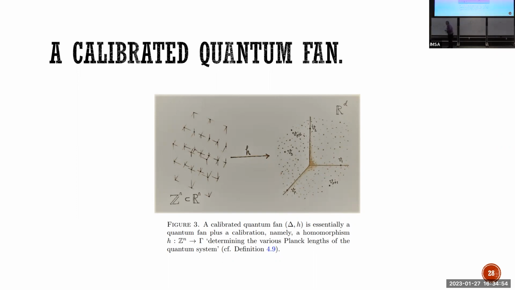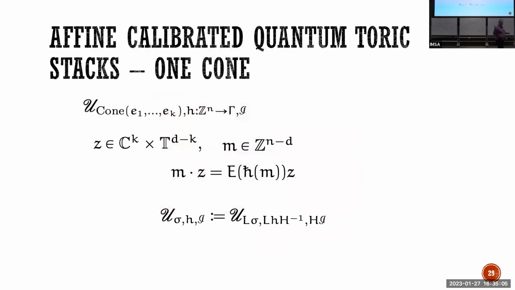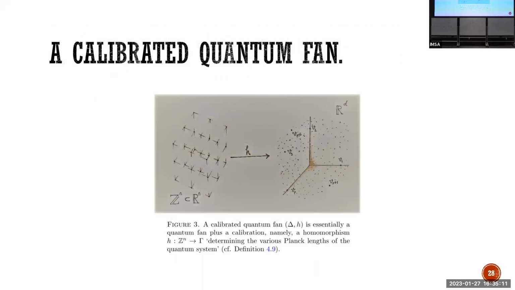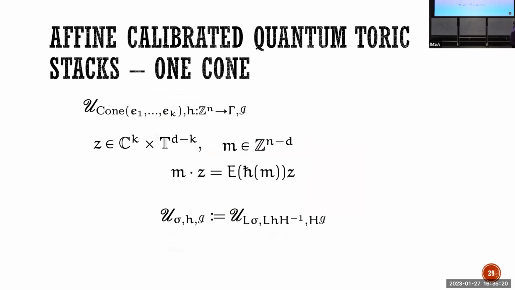So there will be the compactification of the moduli. Anyway, I have now defined what is a calibrated quantum fan. But to a calibrated quantum fan, I have to tell you what is the quantum toric variety that corresponds. All I'm saying is how you do it for a cone.